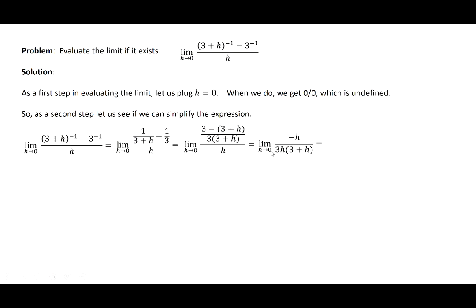Yep, because h is approaching 0 and h is not equal to 0. Okay, and then we get this. Now plug h equal to 0 and you get negative 1/9. Isn't that fascinating? What was 0 over 0 as a limit turns out to be negative 1/9.